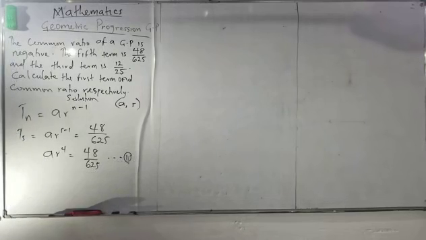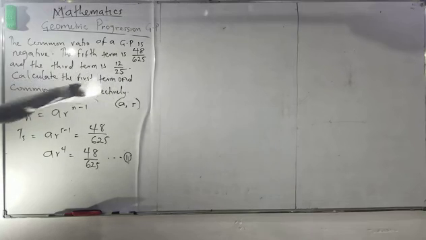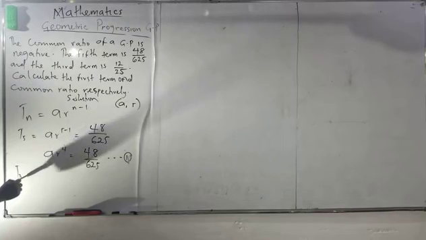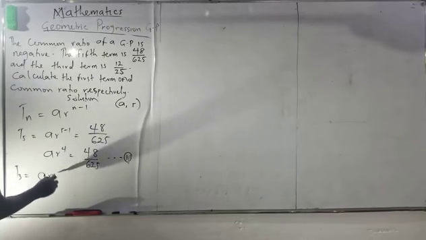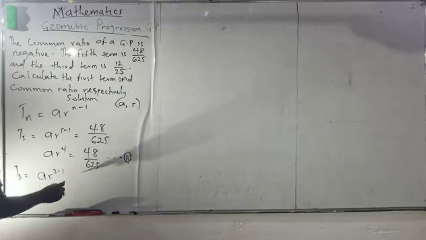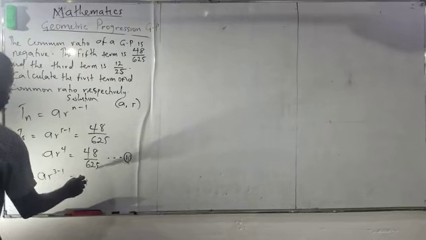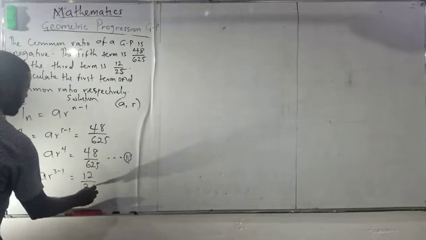Now, the next thing I will do: the third term, my T3, will be equal to AR^(3-1), which is equal to 12 over 25. From here, I can say that AR raised to power 2 equals 12 over 25.